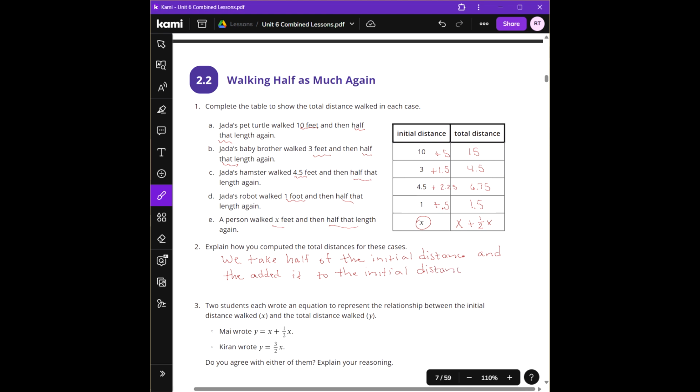So we took half of the initial distance and then we added that to the initial distance.